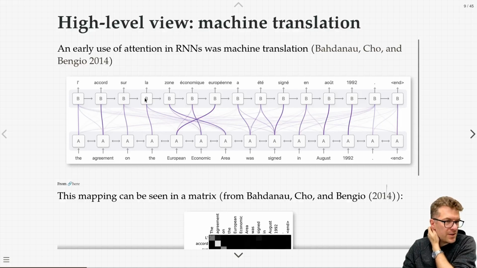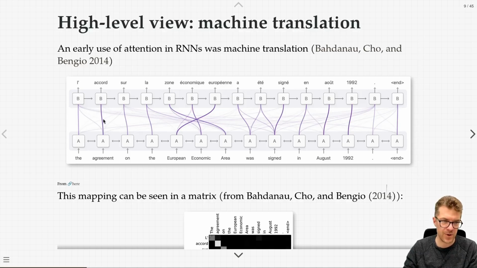And what we kind of want is to draw connections between these words, right? So you can see here the thickness of these lines represents some kind of connection between words. So agreement and accord, they literally translate very closely. If you look up an English-French dictionary, these words might be translations of one another. We don't want literally word-to-word translations because that ignores all kinds of contextual and unique ordering differences in different languages.